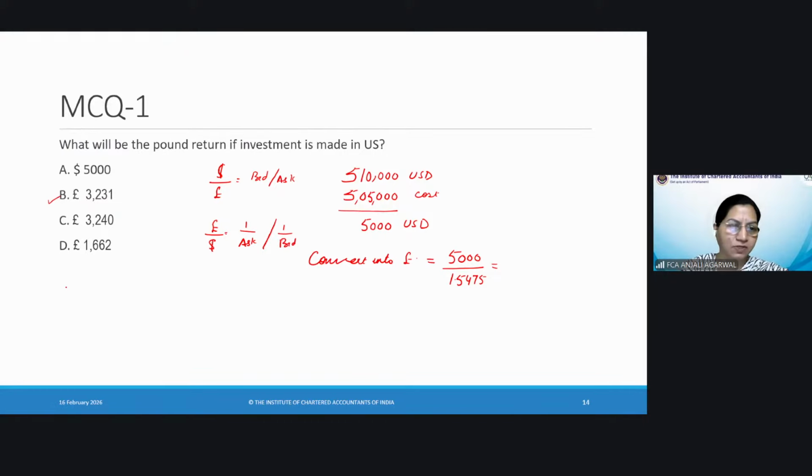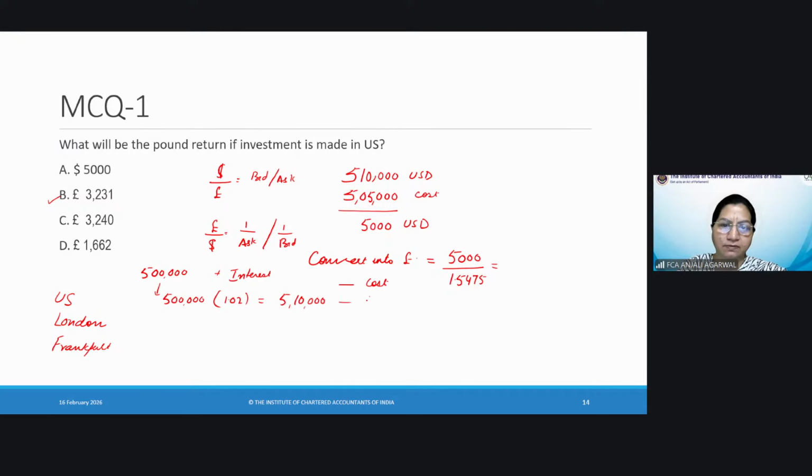So this was about alternate investments. You can make investment in US, you can make investment in London, you can make investment in Frankfurt. What you have is $500,000. So if you make investment in US, you are investing $500,000, which will give you with interest $510,000 and minus cost $505,000.